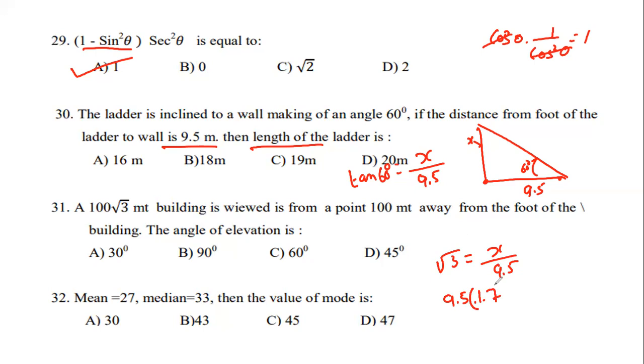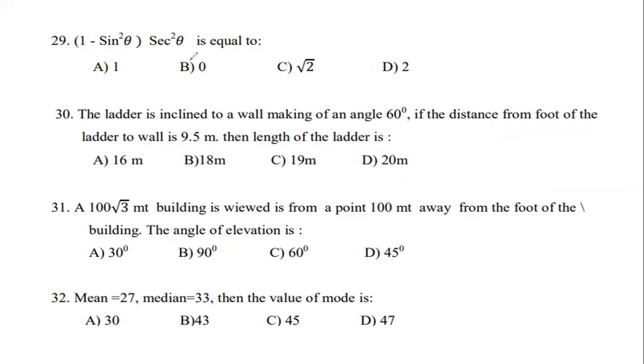Okay, take this one as 1.7 is equals to x. So 9.5 into 1.7, which is approximately equal to 16.15. So x value, round figure, you will get 16. So which option is right? Option A is correct.